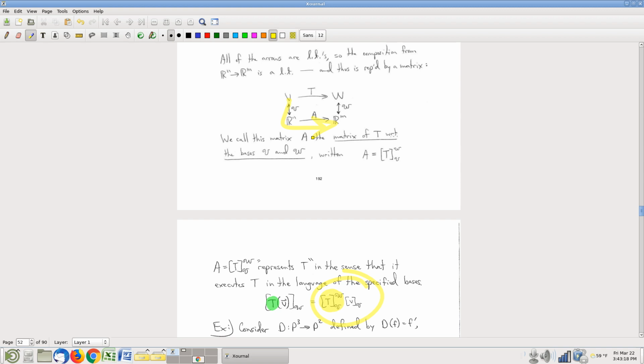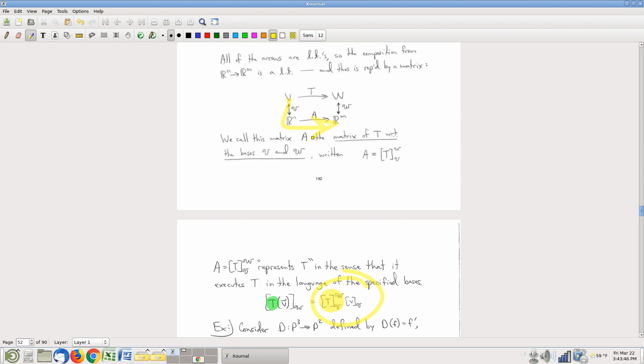Now let's go back to the left side of the equation. The linear transformation T applies directly to the vector. Sure, but we don't stop there. If we want to compare this to what the matrix does, notice the matrix is going to spit out coordinates in W language, while T is going to spit out a vector, an abstraction in the W vector space.